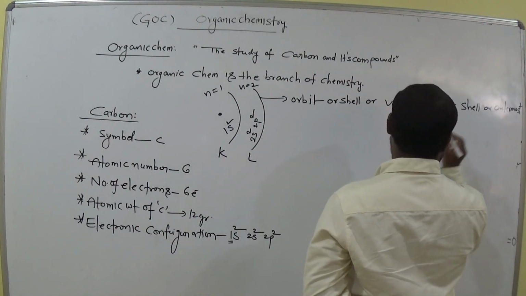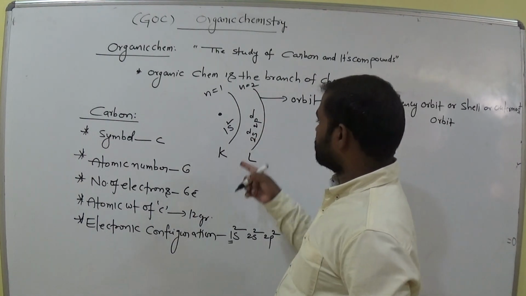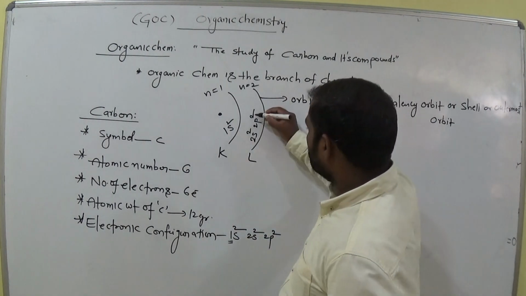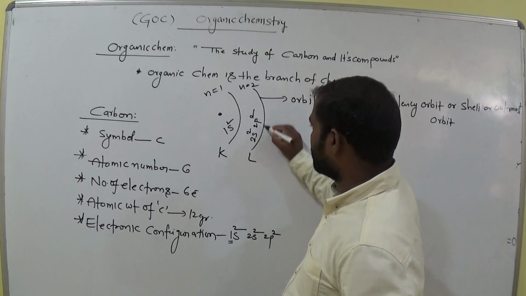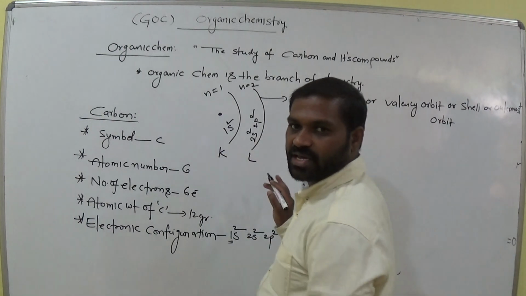So the number of electrons in the outermost shell of carbon is 2 plus 2, 4, am I right? This one is the outermost shell. This is the first and second. The last orbit is called the outermost shell. Okay, remember that.